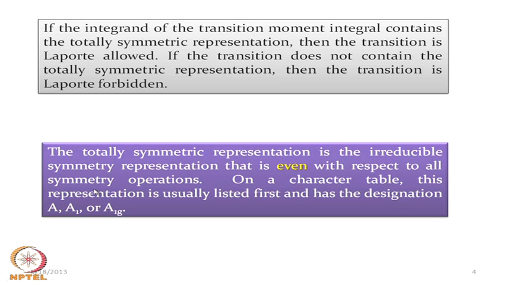In the character table, these representations are usually listed first and have the designation A, A1 or A1g. So, these are the totally symmetric representations that we can typically find from the character table of the symmetry point group.